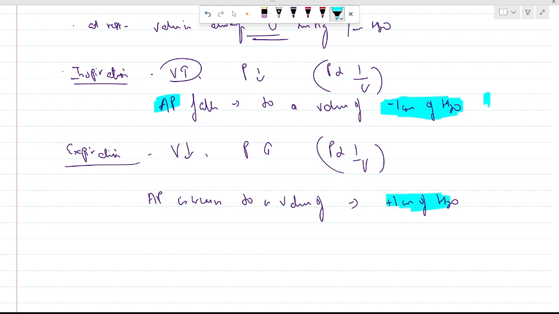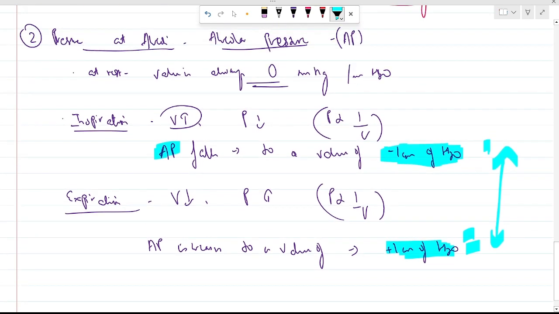From minus 1 cm of water through 0 to plus 1 cm of water. So we see that alveolar pressure fluctuates between inspiration and expiration between minus 1 and plus 1 centimeters of water, and at rest it is always 0.